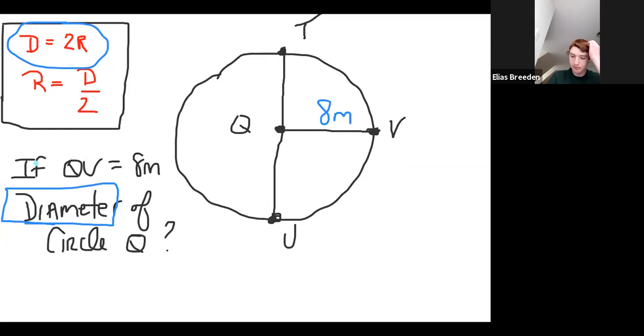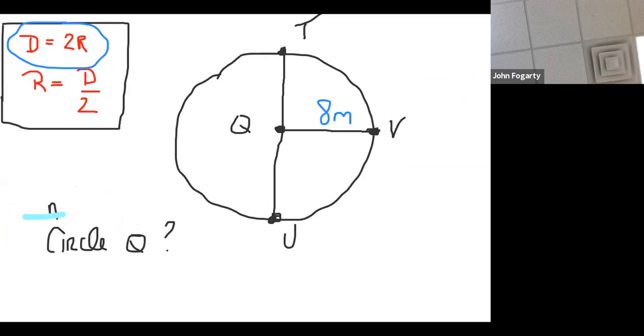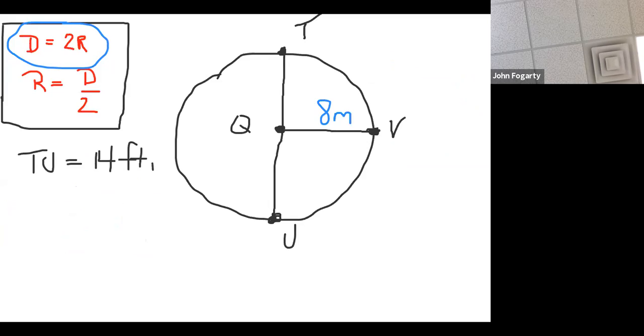I'll give you another. Somebody have a question? All righty. What about this one? If I tell you that TU is equal to 14 feet, TU equals 14 feet, what's the radius?